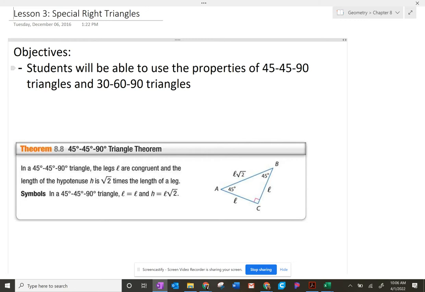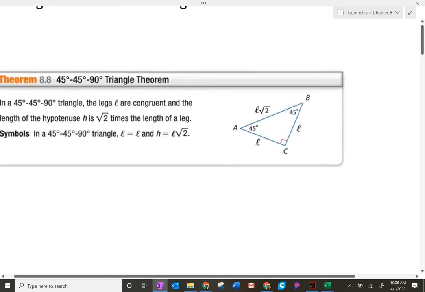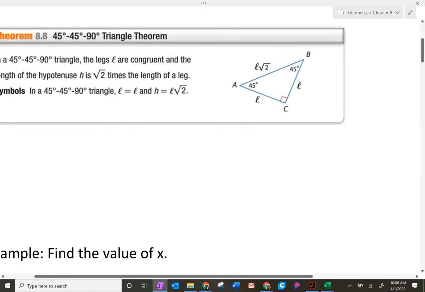So the first type of triangle I'm going to look at is this 45, 45, 90. Again, all of these are 90 degree triangles or right triangles. When you have a 45 degree triangle, so this side over here, let's say this would be like a 5.